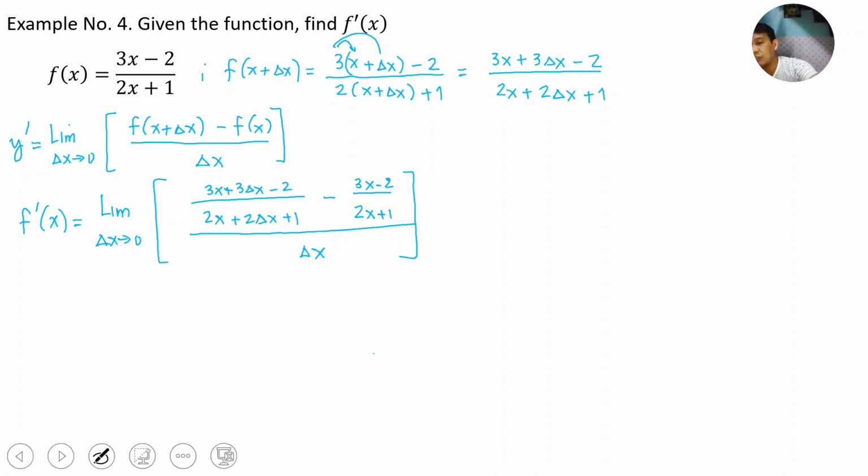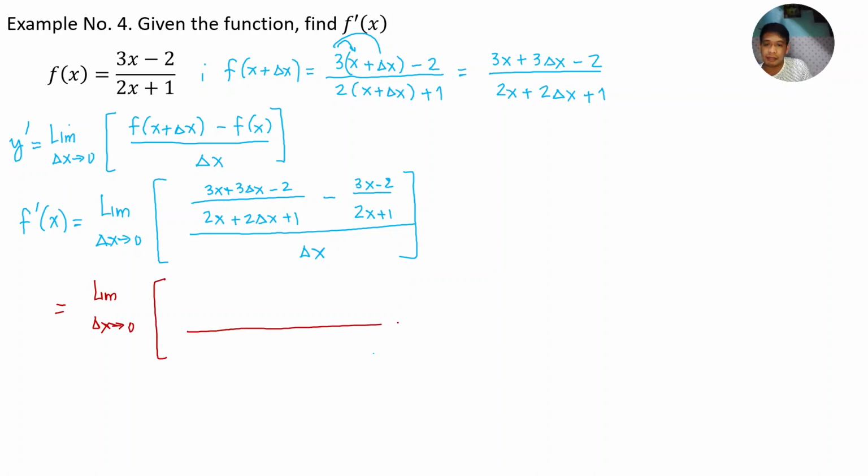If you simplify that numerator, kailangan nating pag-combine ang dissimilar fractions. So, sa pag-combine ng dissimilar fractions, we use LCD. So, this is your delta x.